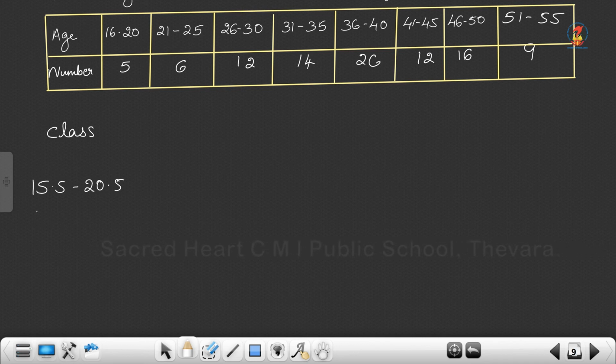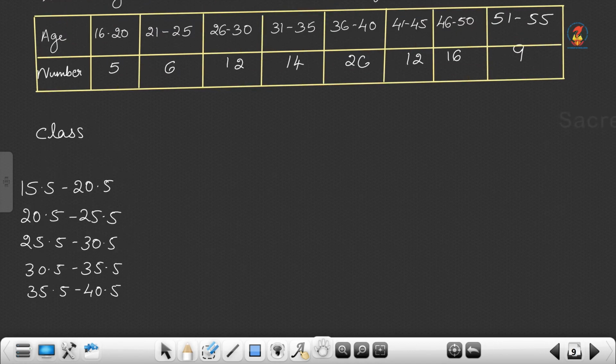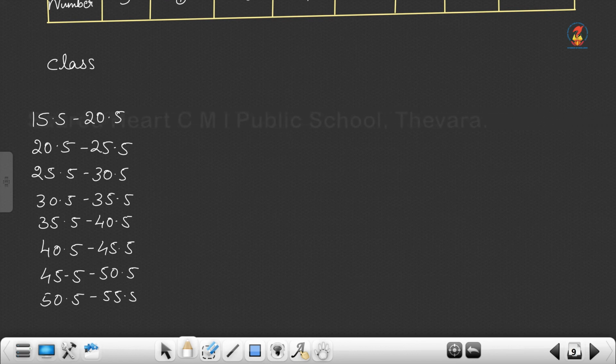So the next will be 20.5 to 25.5, then 25.5 to 30.5, 30.5 to 35.5, 35.5 to 40.5, 40.5 to 45.5, 45.5 to 50.5, then 50.5 to 55.5.